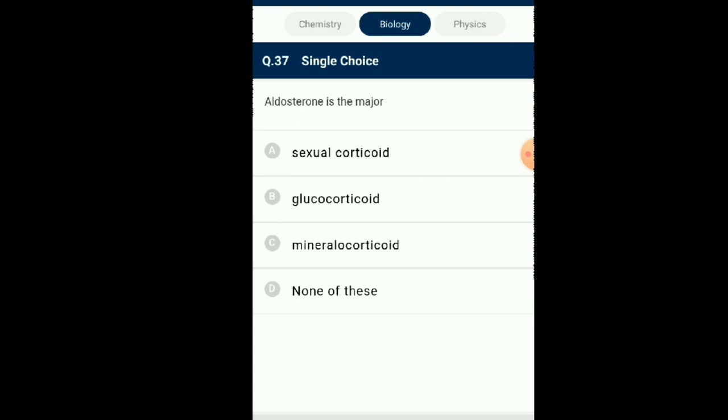Secretion of aldosterone is stimulated by ACTH and angiotensin of the RAAS. These correct hyponatremia and hypokalemia by increased sodium reabsorption from the nephric filtrate. So the answer is option C, mineralocorticoid.